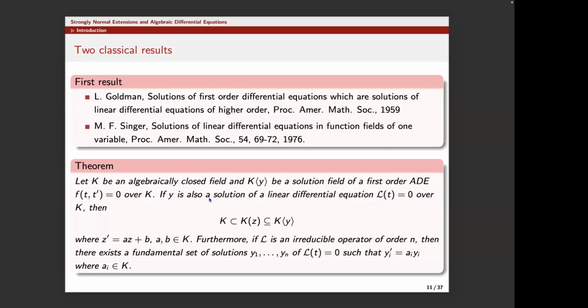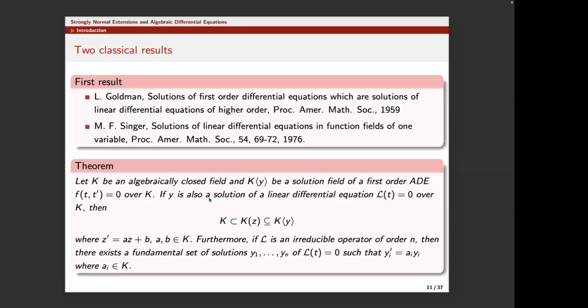And if L is irreducible of order n, then this linear differential equation has a basis of solutions which satisfy y_i' equal to a_i y_i. So if you consider the Picard-Vessiot extension of this linear differential equation, then this algebraic differential equation f(t') equal to 0 has a solution in that Picard-Vessiot extension. This result is basically about solvability of a first order algebraic differential equation in a Picard-Vessiot extension.